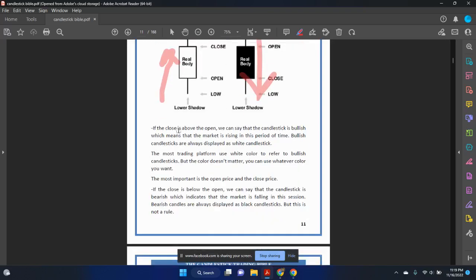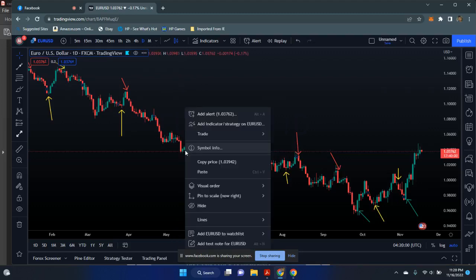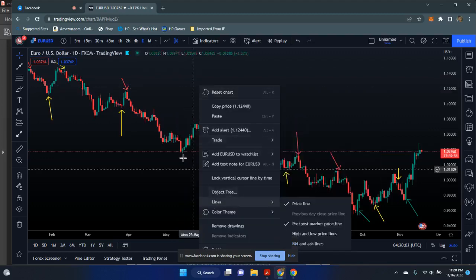Okay. All right, so it says if the close is above the open, we can say that the candlestick is bullish, which means that the market is rising in this period of time. Bullish candlesticks are always displayed as white candlesticks. That's not the case, as we know. That's based off the book, but in TradingView you can customize these colors the way that you want to.